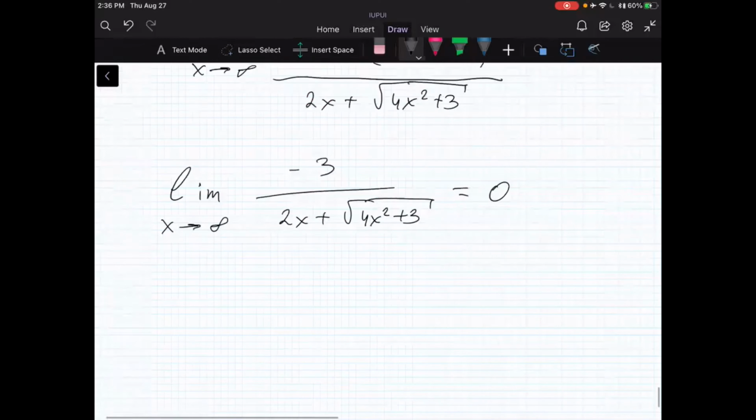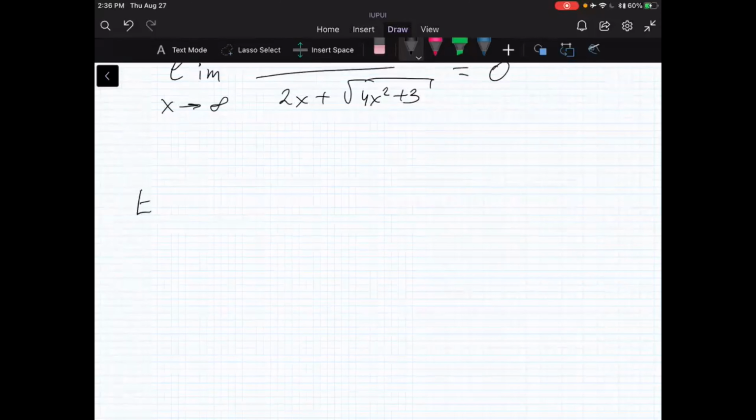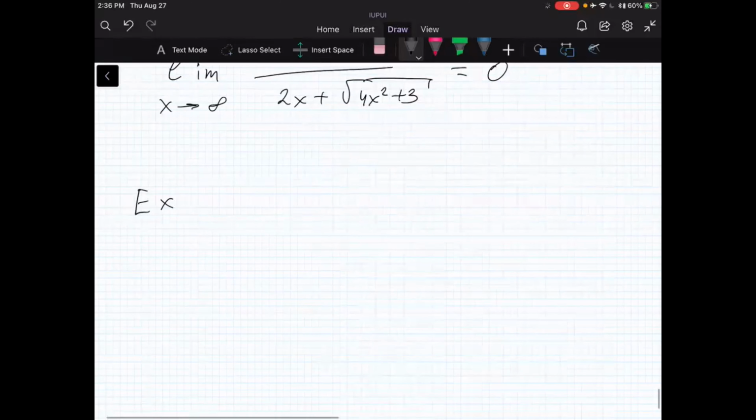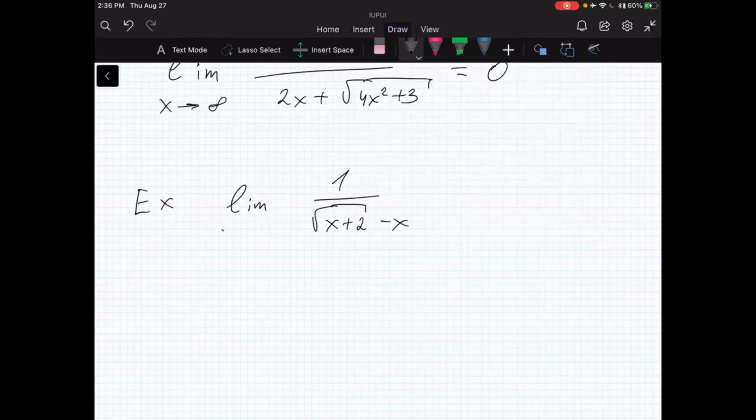Of course you can do the same trick when such irrationality is in the denominator, say 1 over (the square root of x plus 2 minus x) when x goes to infinity.